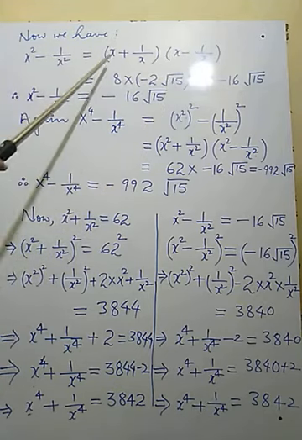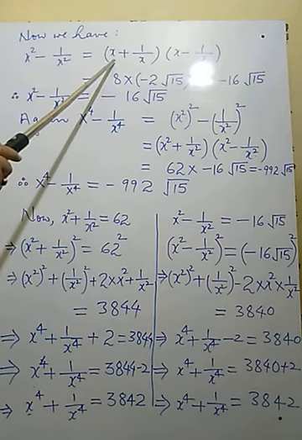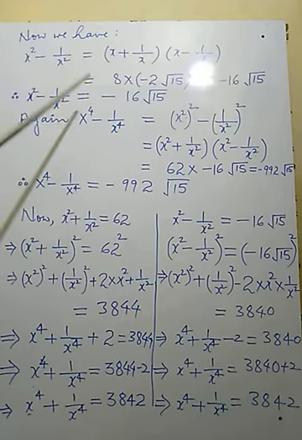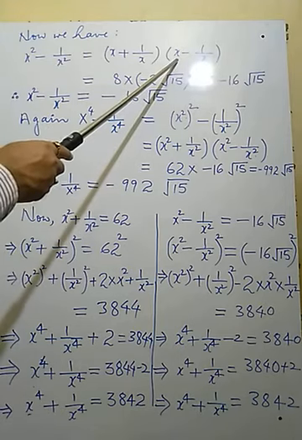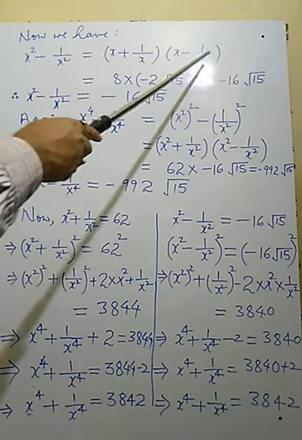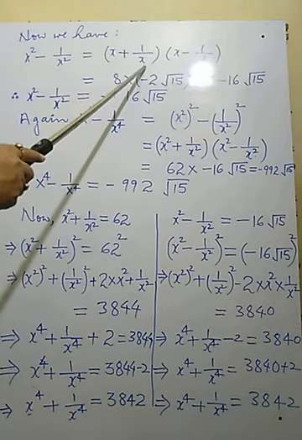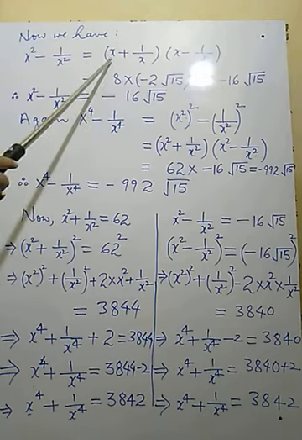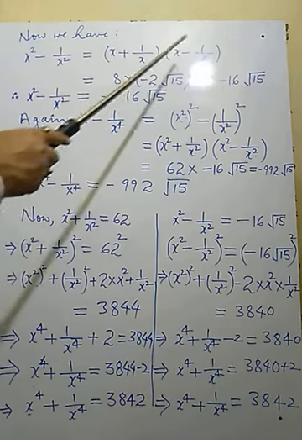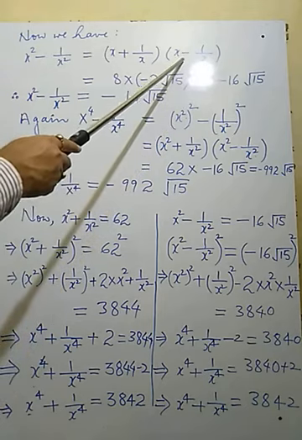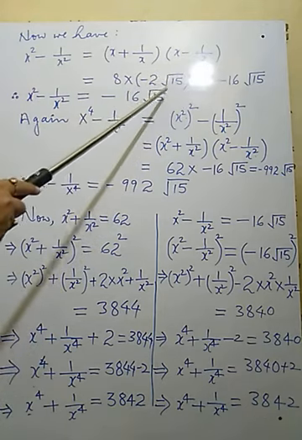Previously we have already calculated the value of x plus 1 upon x, and the value of x minus 1 upon x. In the place of x plus 1 upon x, we have to put its value, and in the place of x minus 1 upon x, its value will be kept here.